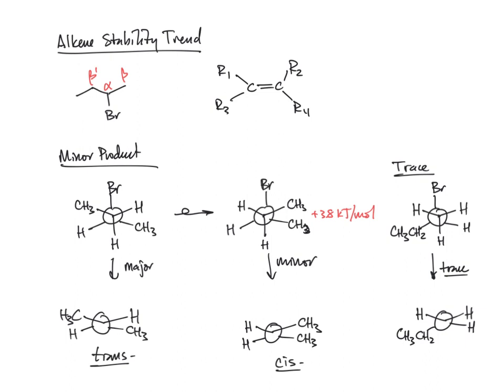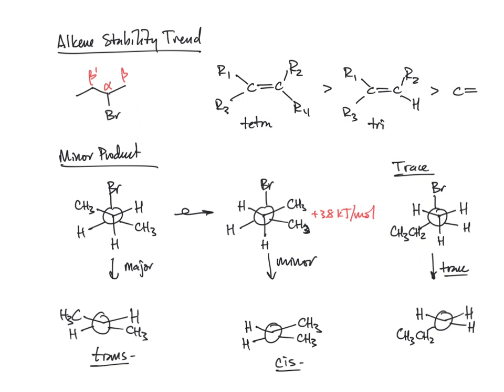If R1, 2, 3, and 4 are all carbon, that's tetrasubstituted. Again, if R1, R2, R3 are all carbon, that's trisubstituted.